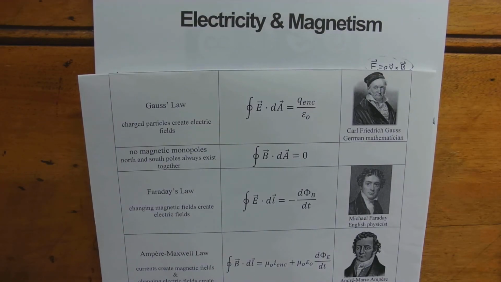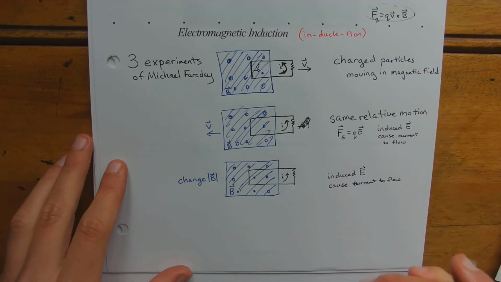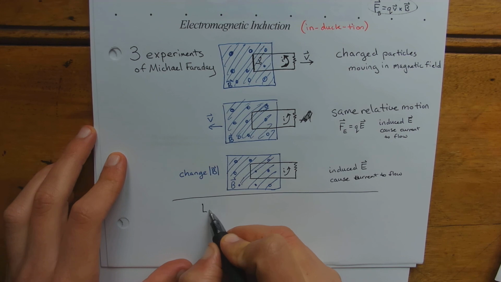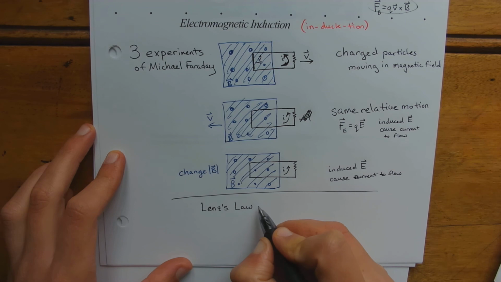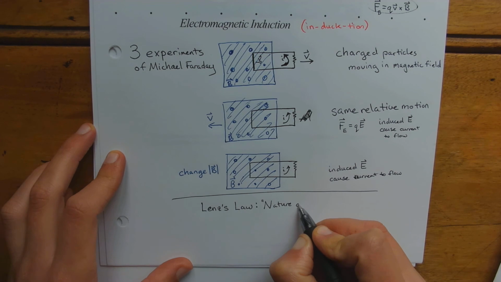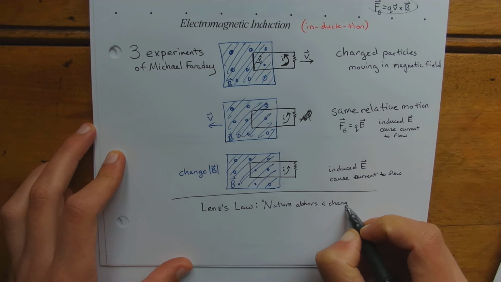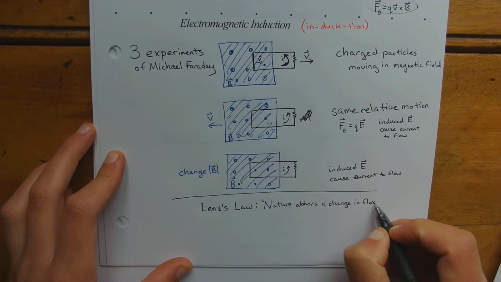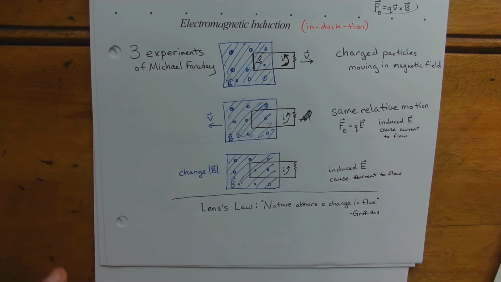That actually comes from Faraday's law when you look at the signs, but if you just want to know the direction, that comes from Lenz's law, which states that nature abhors a change in flux. And that is how Griffiths states Lenz's law. We'll see exactly what we mean by nature abhorring a change in flux in our next problems.